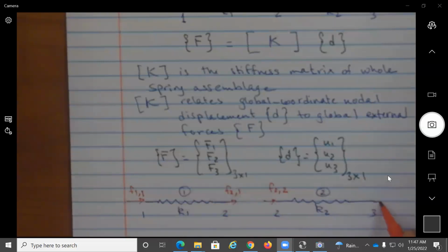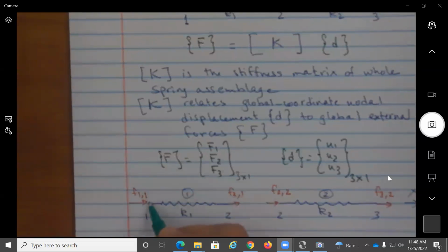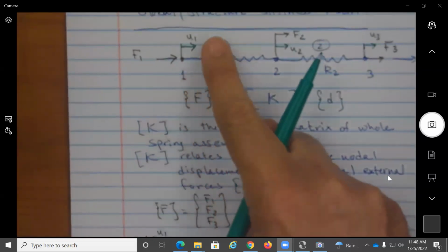I'm going to come here and show my F3 element 2. And everything still is in the x direction, so my global is the same as my local for the two elements to make things simple. Now, element 1 is going to see displacements at node 1, U1, which, by the way, is the same as this U1.